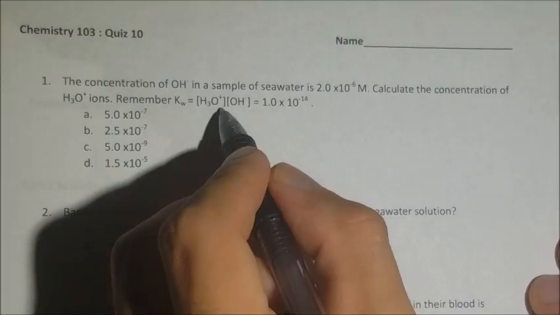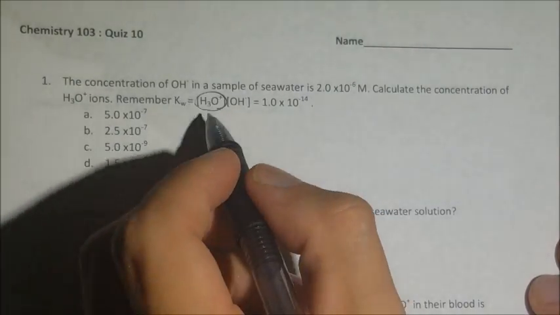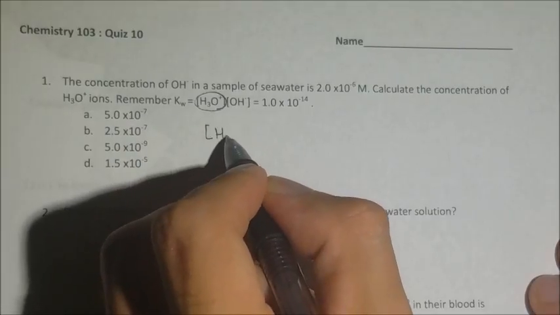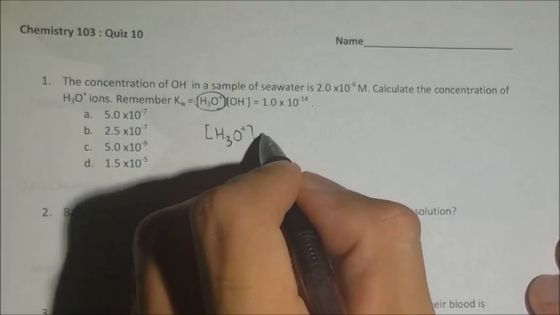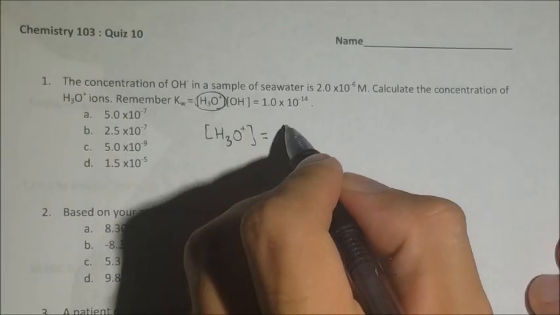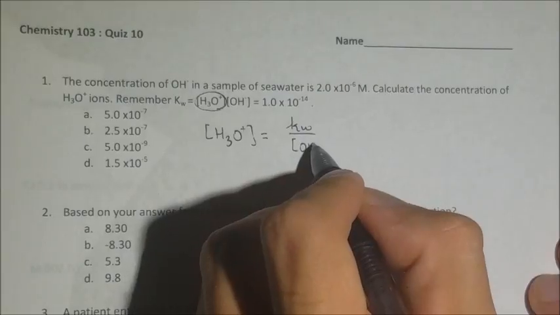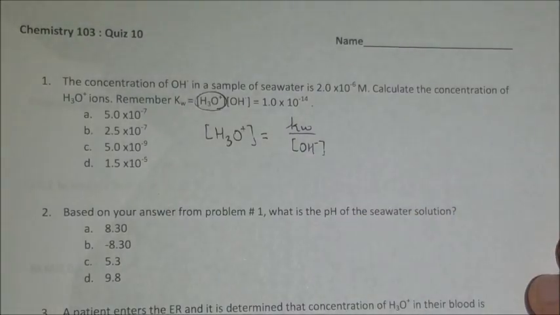So if we wanted to solve for the hydronium concentration, then what we would need to do is the following. We just divide both sides by the OH concentration, and we would get the equation like this.